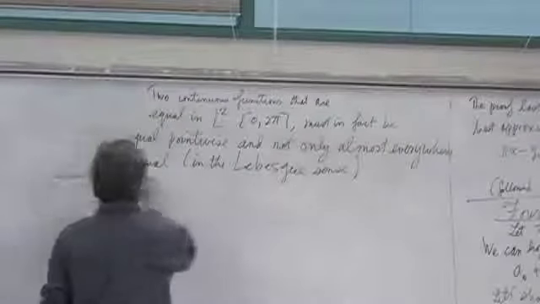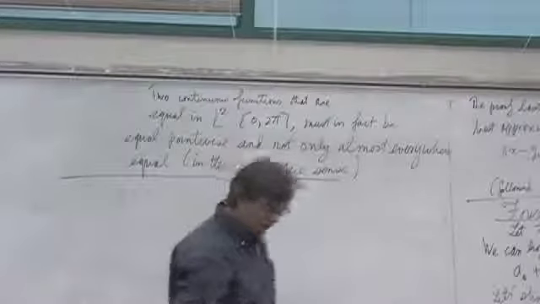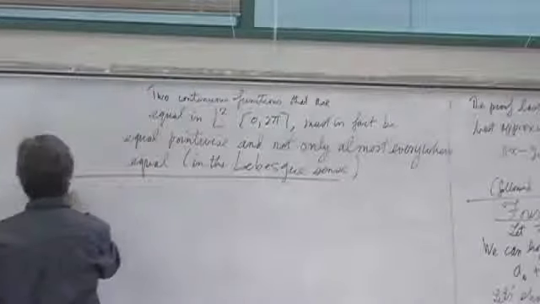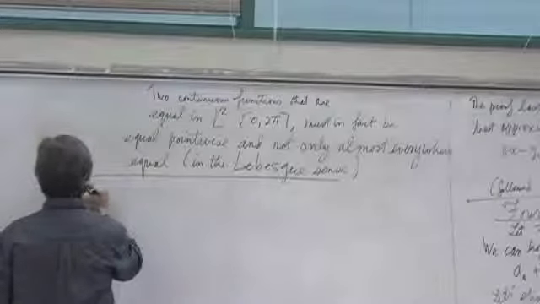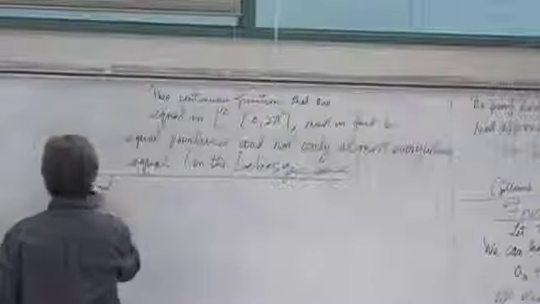Okay. So, where are we going to start? Let's take a specific example. First, I want to get an orthonormal sequence. Trigonometric sequence in L2, 0, 2 pi, is as follows.